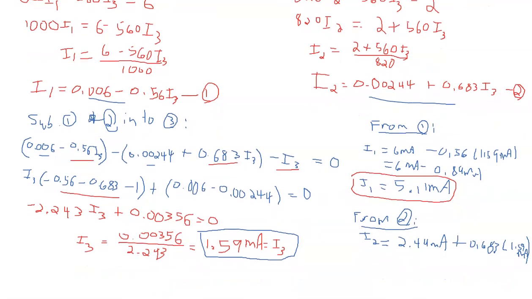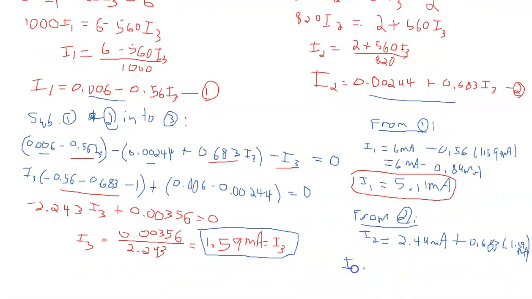Okay, so now we have I2 equals 2.44 milliamps plus 1.08 milliamps, and we add that up and we come up with I2 is equal to 3.52 milliamps.